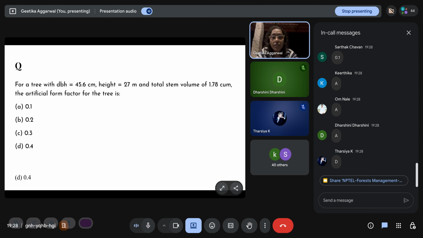Because here DBH is in centimeters, you'll have to convert it into meters, divide by 100. So 1.78 divided by 0.4 into 27. Is that how you guys calculated?